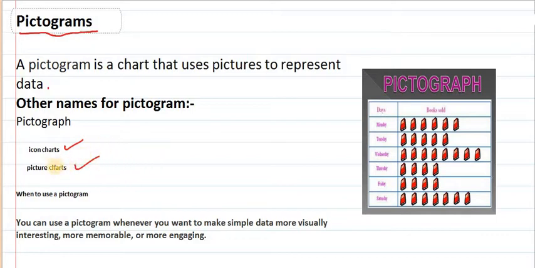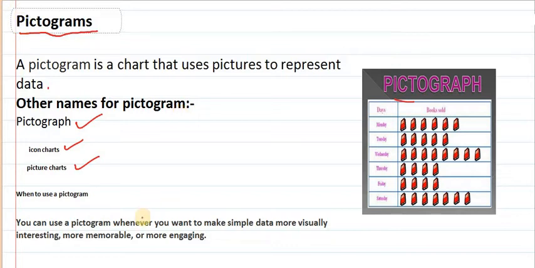Here you can see that pictures are used to give the information to the reader or viewer. This is the main difference between a pictograph and a bar chart. In this lesson we are going to learn in detail how we will make a pictograph and how it works.